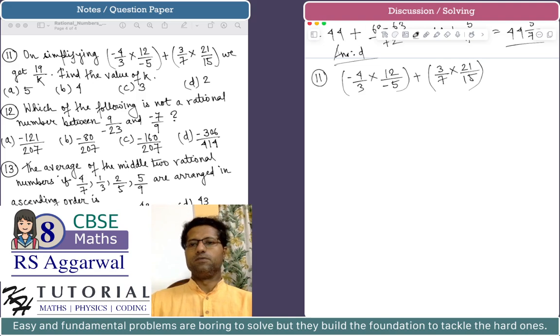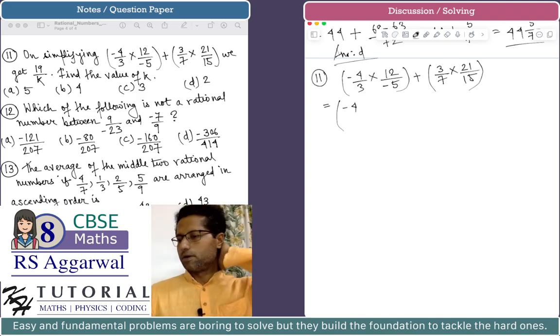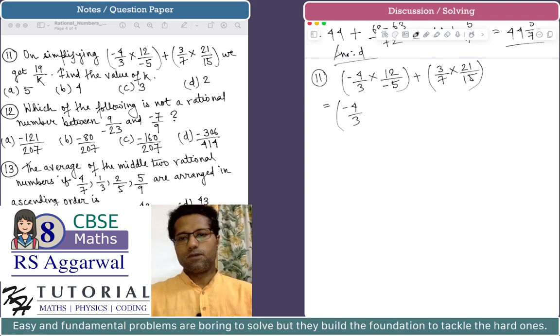What is this? This is equal to minus 4 by 3, and 12 by minus 5, we have to convert that to standard form, that is make the denominator positive, so it will become multiplied by minus 12 by 5, plus 3 multiplied by 21 divided by 7 multiplied by 15.